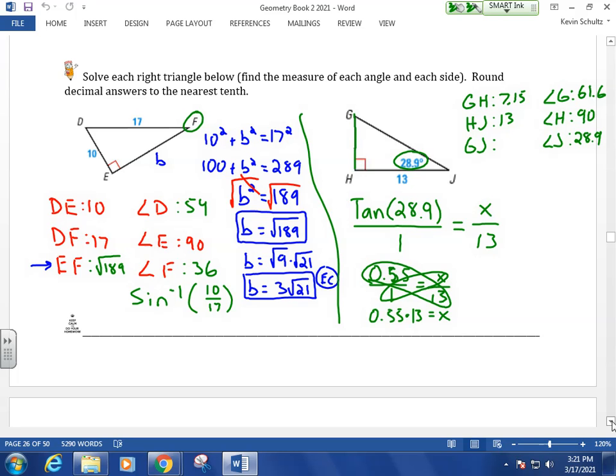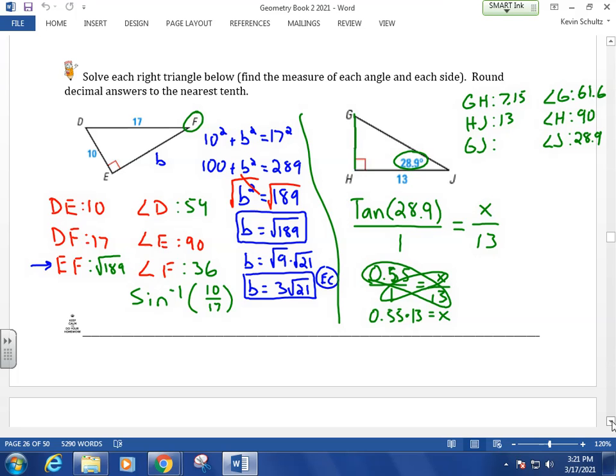To be quite honest with you, using sine, cosine, tangent is going to be more accurate than the Pythagorean Theorem because that 7.15 is a rounded answer. It's rounded because we rounded the 0.55, the tangent of 28.9. So if we use 7.15 in the Pythagorean Theorem, because it's a rounded answer, our result, the hypotenuse, is going to be less accurate than if we use sine, cosine, tangent and did not use a rounded answer.